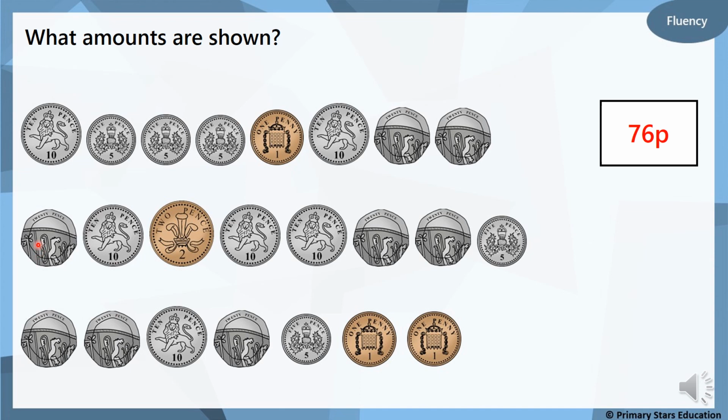We start with a 20p, so we've got 20, 30, 32, 42, 52, 72, 92, add 5 is 97 pence.